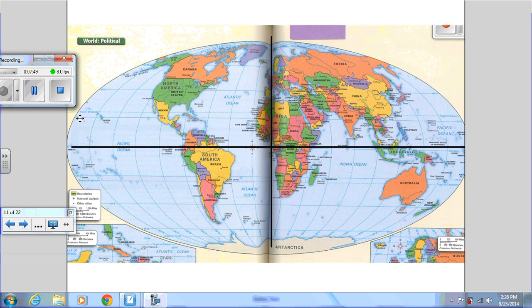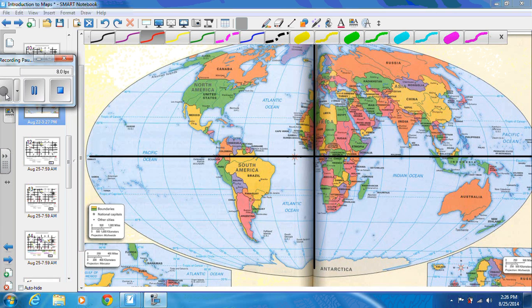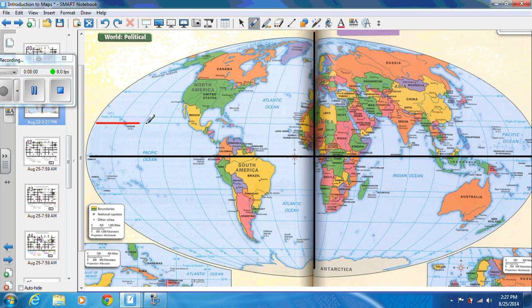All right, just like a coordinate grid, I'm going to make my lines intersect. Here is 20 degrees north. And if I find 100 degrees west, I'm going to start at the bottom. 100 degrees west. Sorry, I got off a little bit.